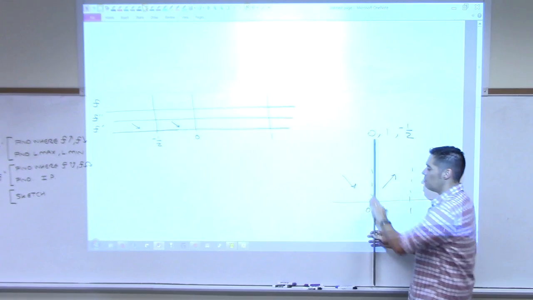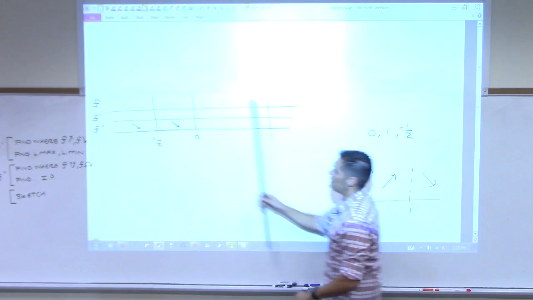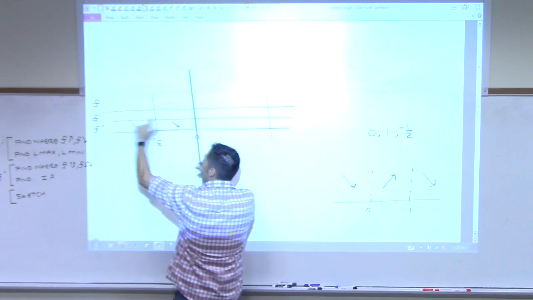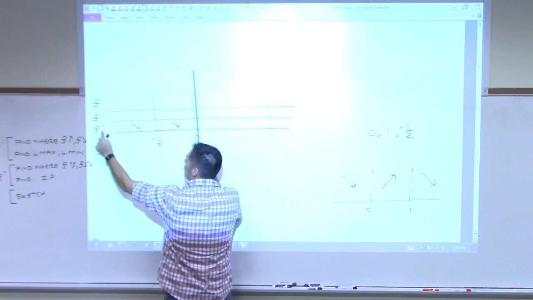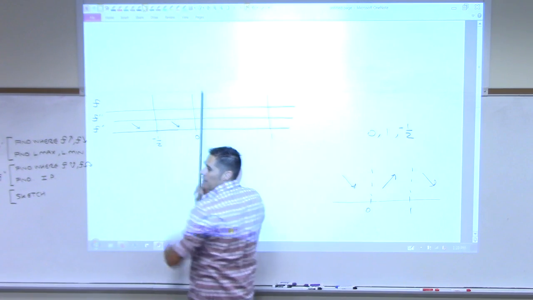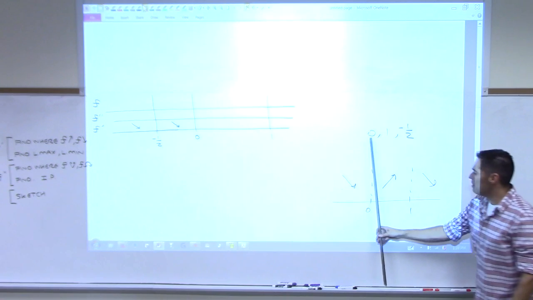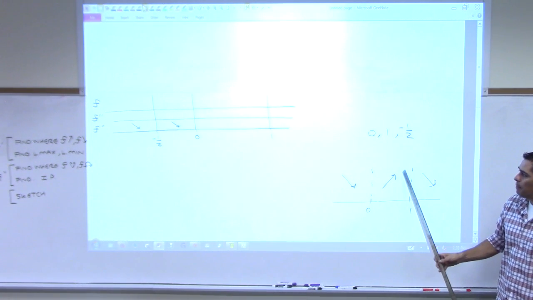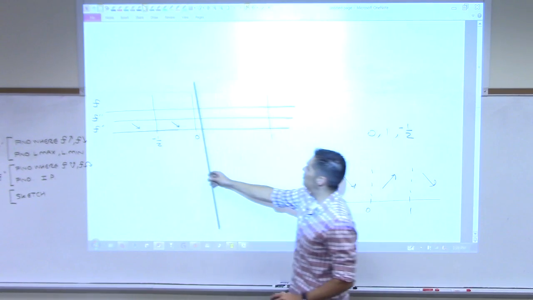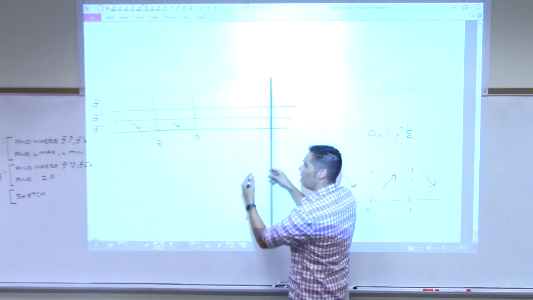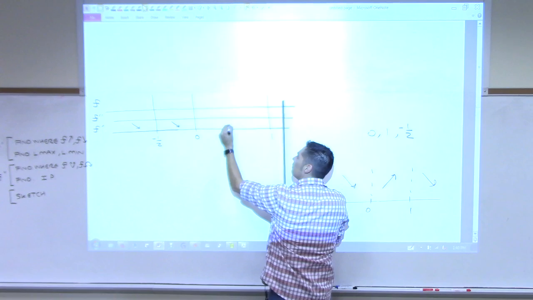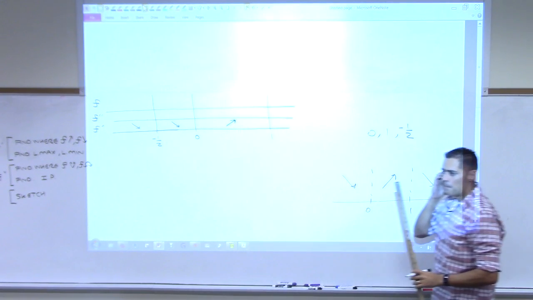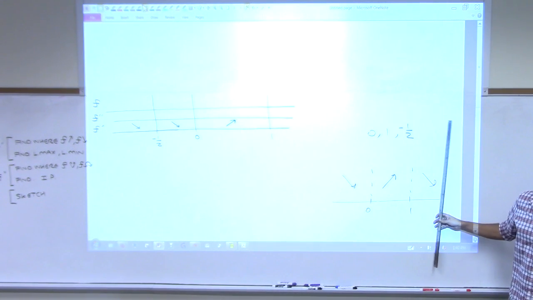I'm working in the first row because that's the first derivative, down, down. Okay? Now to the right of 0, until I get to 1, it's up, right? So I'm going to put a little up arrow right here. And then to the right of 1, it's down.